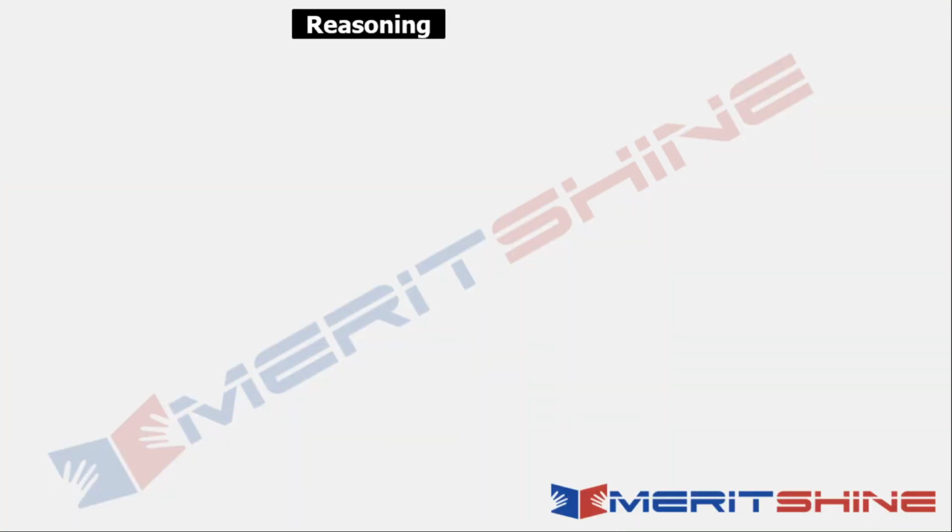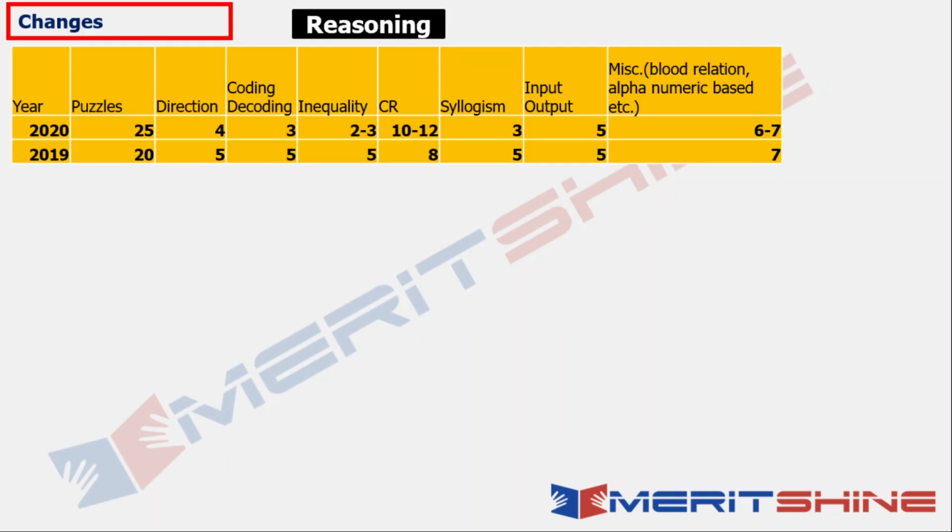Okay? Now, the last section is reasoning. The changes that have come in the paper in the last 2 years have been minor, but yes, there have been. You see, puzzles, 2020 had more puzzles than 2019. 5 more, but yes, more.